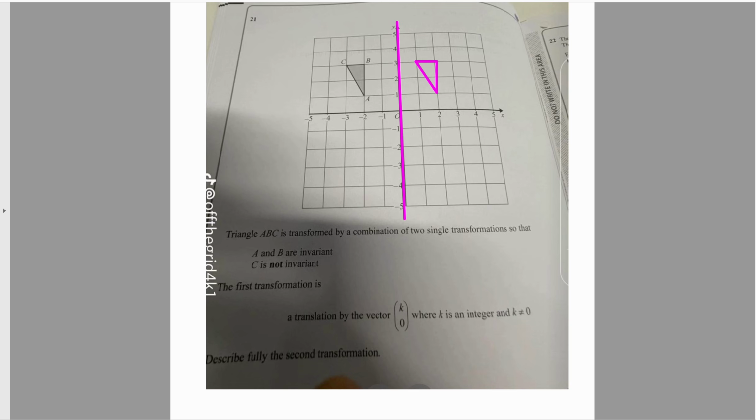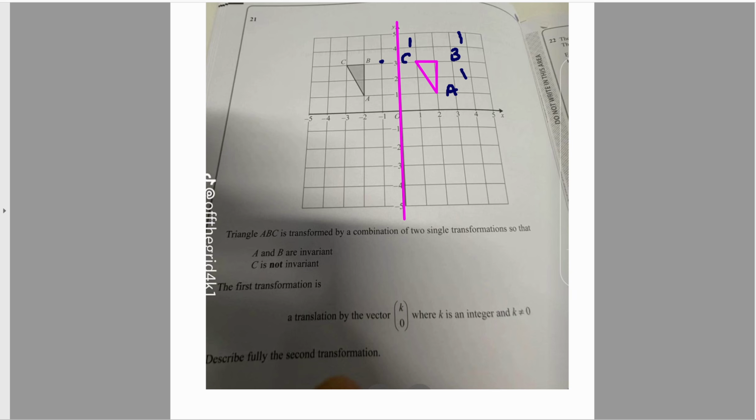And if you notice, when you reflect, this is C, let's call it C dash, B dash, and A dash. When you reflect it, C dash is going to be here, and B and A will be back to their original position.